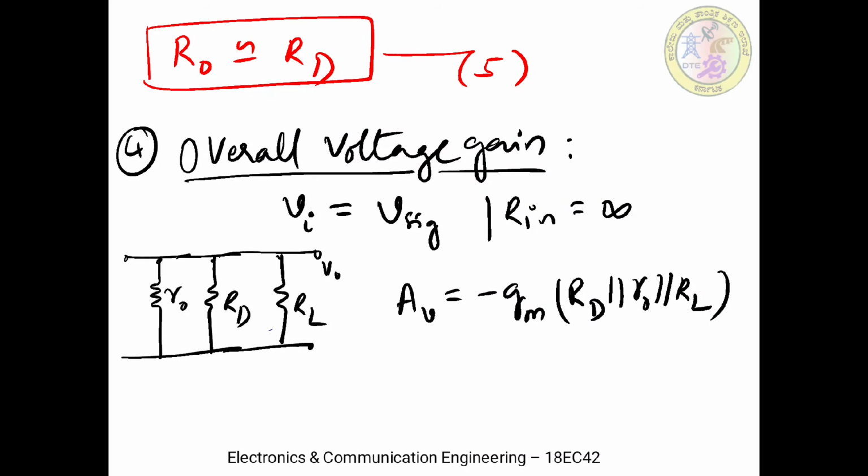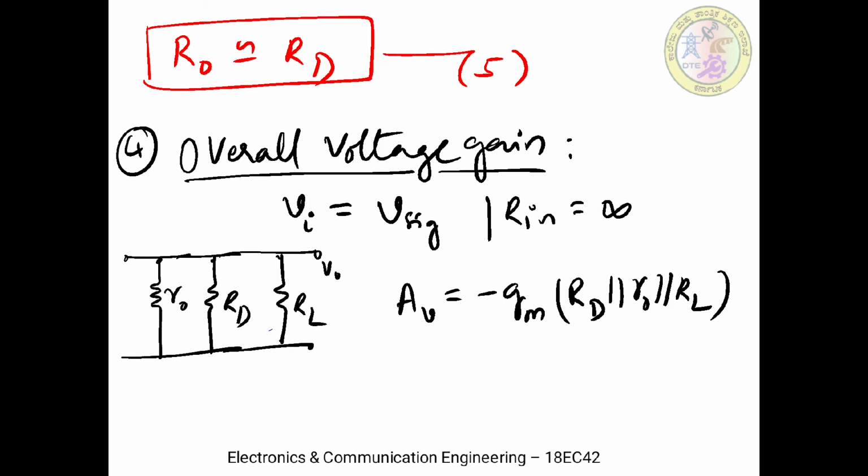If I write AV0, it means RL is equal to infinity. If RL is connected, the voltage gain AV is minus Gm RD parallel R0 parallel with RL, because these three resistances come in parallel.